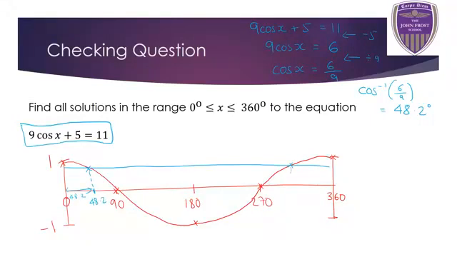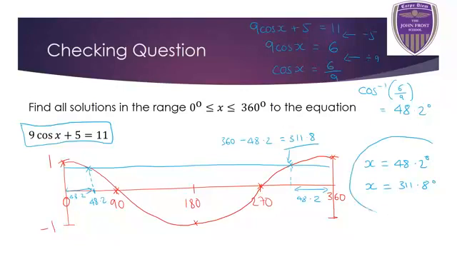So this must also be a gap of 48.2, meaning this value is 360 minus 48.2. So type that in, 311.8. So our two solutions this time, x equals 48.2, x equals 311.8. Those are our two solutions.